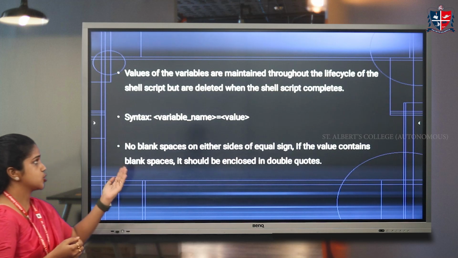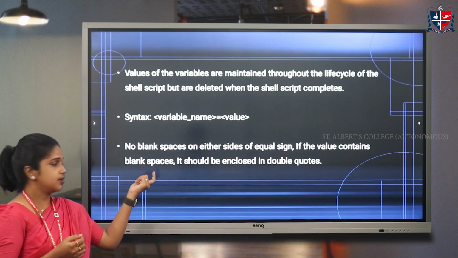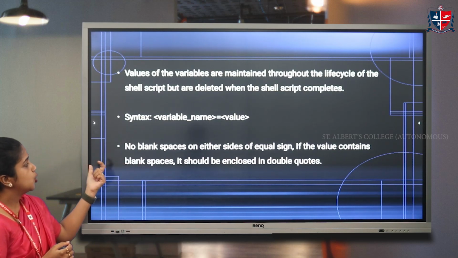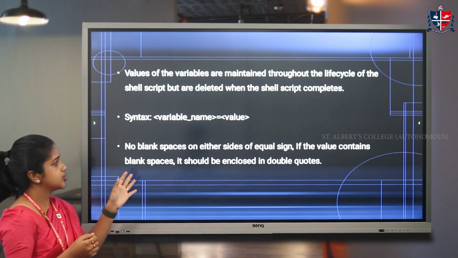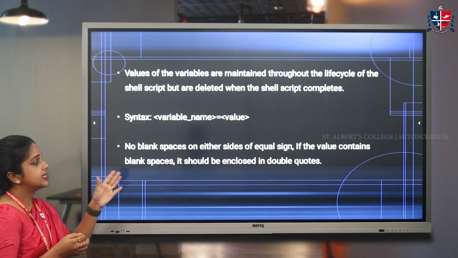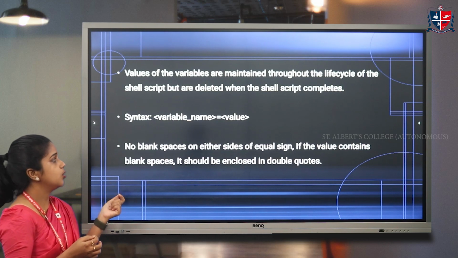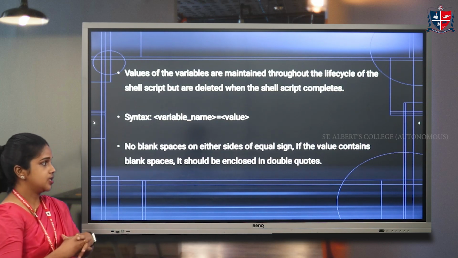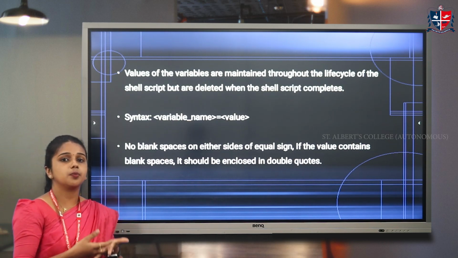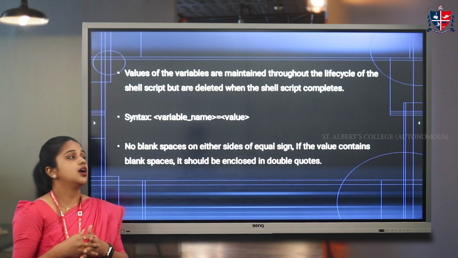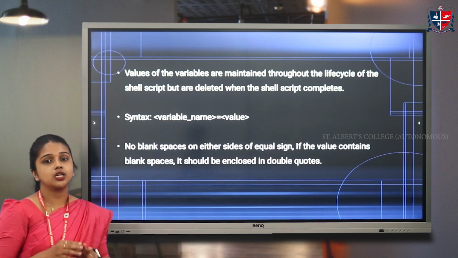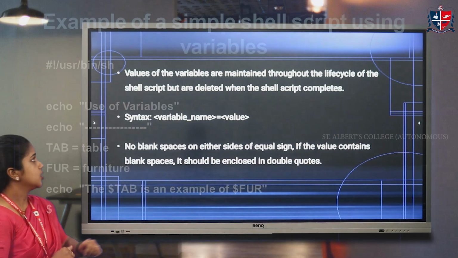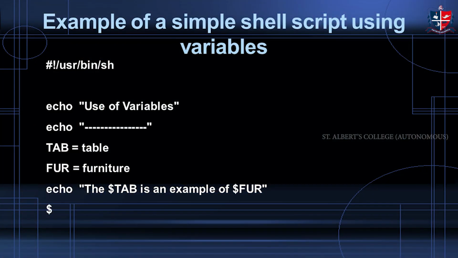Some kind of value can be stored in the variable, and no blank spaces are allowed on either side of the equal sign. If we want to include blank spaces in the value, it must be enclosed within double quotes. We'll see an example of a shell program that uses variables.